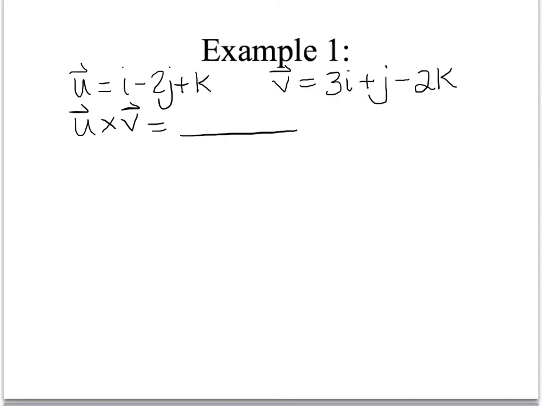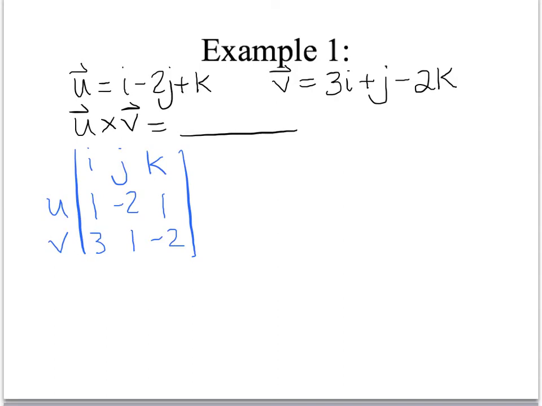I'm going to write out the components, and remember we have an i, a j, and a k. If I want to do u cross v, then I'm going to make a row for the components of u. So in front of the i would be 1, negative 2 for j, and 1 for k. And then for v, I would put 3, 1, and negative 2.